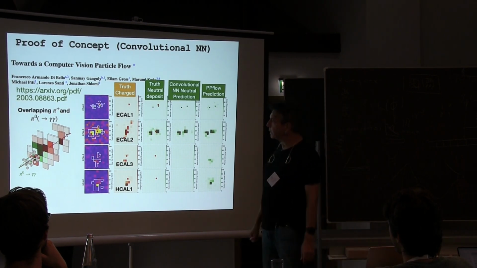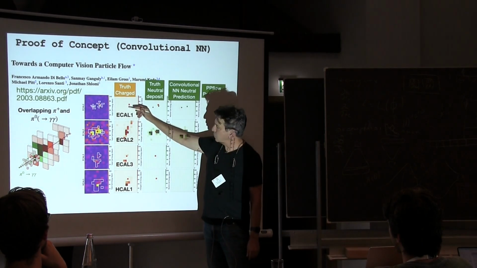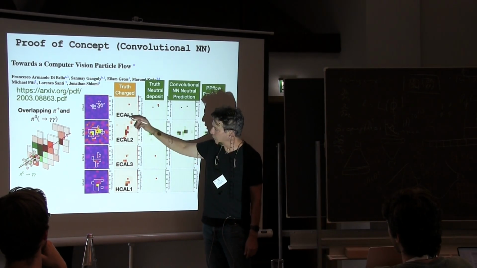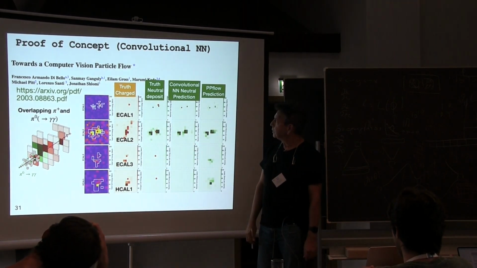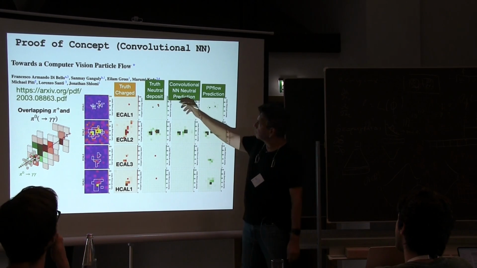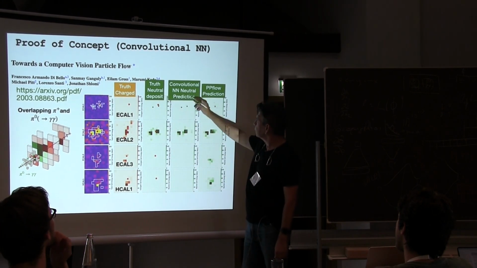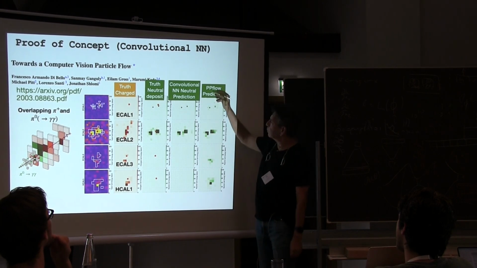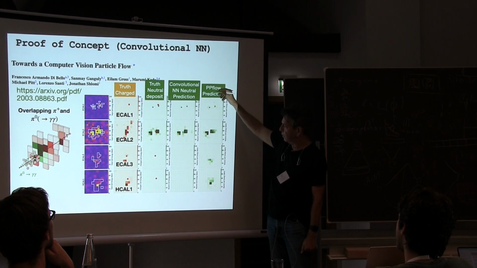So here is an example of what happens in the truth, the layers 1, 2, 3, and the first hadronic layer. What happens when you have a truth neutral deposit, and the prediction of the network, and the prediction of the classical parameterized p-flow algorithm.